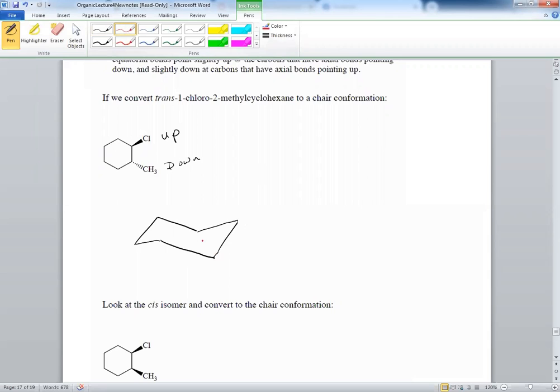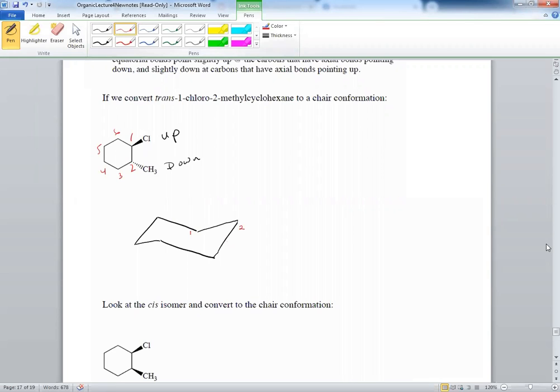So if we start numbering, this would be 1, this would be 2, 3, 4, 5, and 6. Remember, the chloro gets number 1, alphabetical order. And let's say this is carbon 1 right here, because we need to look at the direction correctly. And this is carbon 2.